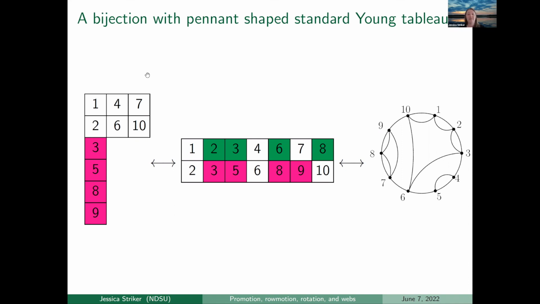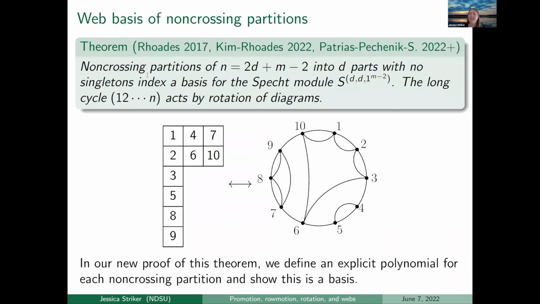Okay, and so now that we have standard Young tableau, now we can talk about Specht modules and webs. So there's the Specht module associated with standard Young tableau of this shape. And we might want a web basis because it has those nice properties.